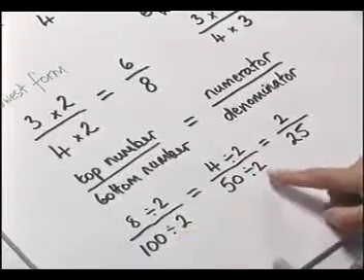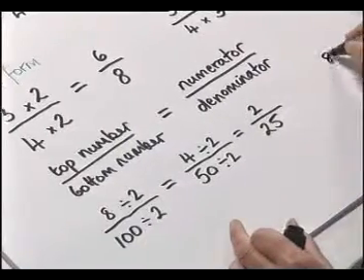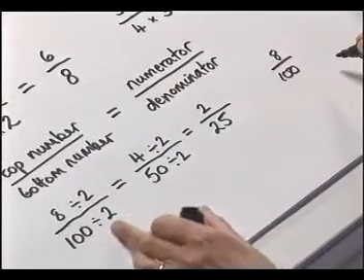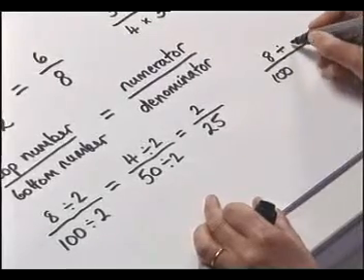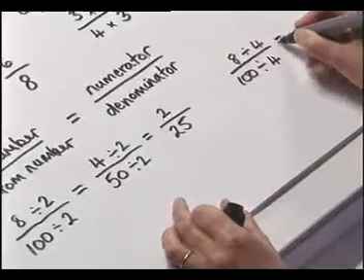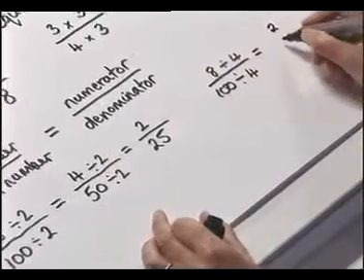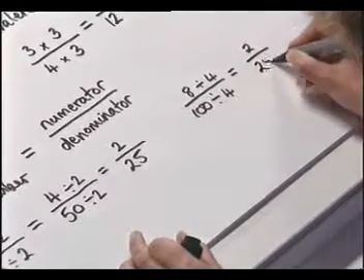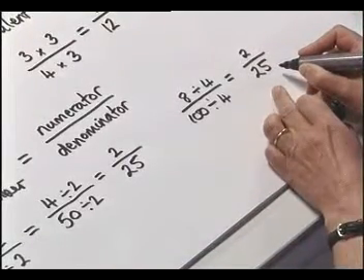Now, if we look here, we can see that in fact we could have divided by 4 straight away instead of dividing by 2 twice. Well, that's fine. If you've noticed that 4 was a factor of both the numerator and the denominator, you could have gone straight there doing 8 divided by 4 was 2 and 100 divided by 4 was 25, and then check to see if you were in the lowest form.